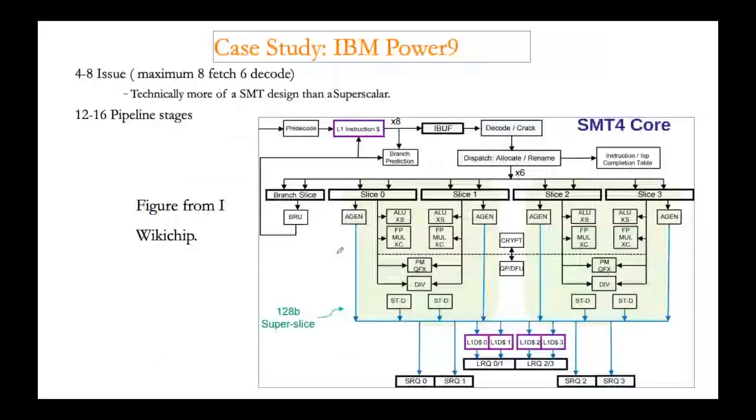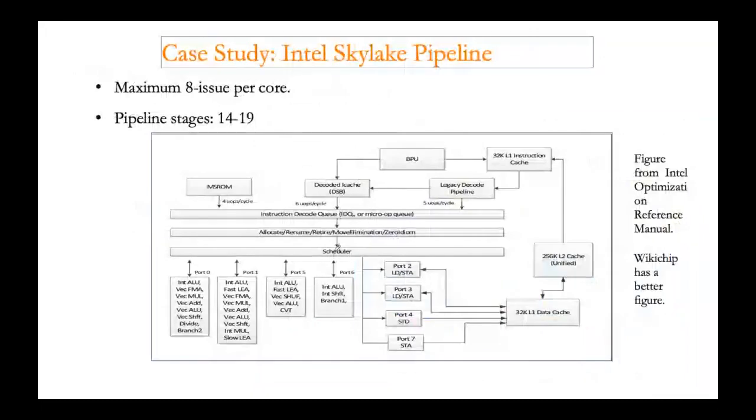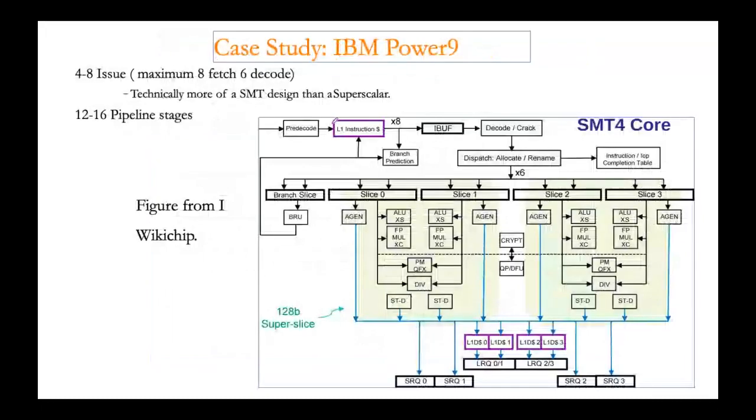Another case study is the IBM Power 9. In this, 4 to 8 multiple instructions are issued. So a maximum of 8 instructions is taken into the fetch stage, and in the decode stage it can decode 6 instructions.